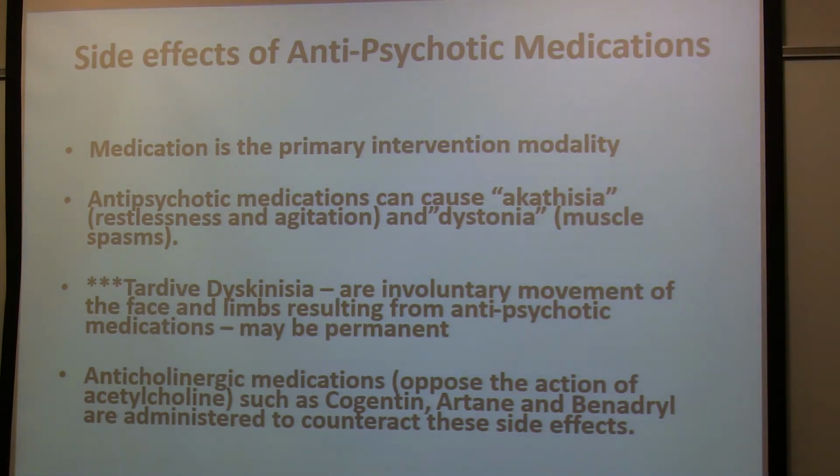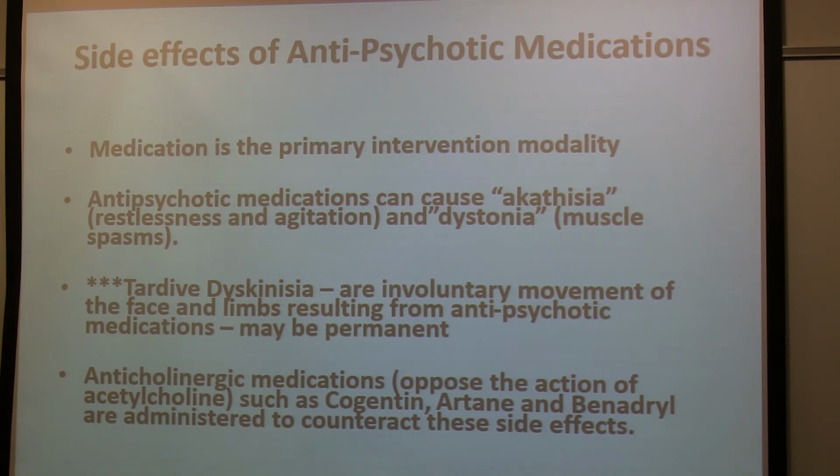And that is involuntary movement of the face and limbs resulting from antipsychotic medications. And it can be permanent. The older first generation medications are much more likely to cause this. However, the newer ones can as well, but it's less likely. And the problem is that it can be permanent, so it can be very dangerous.